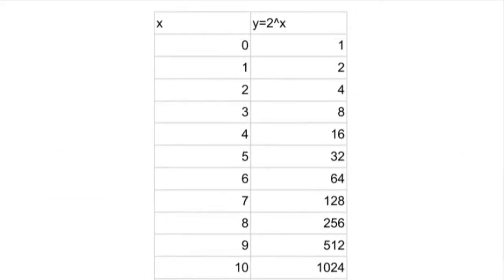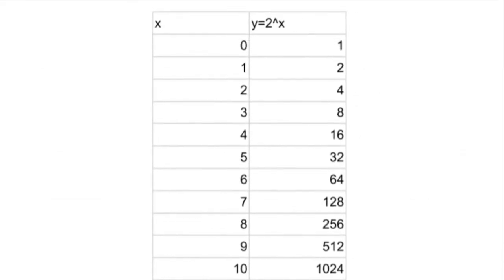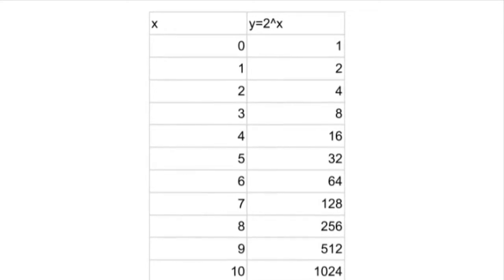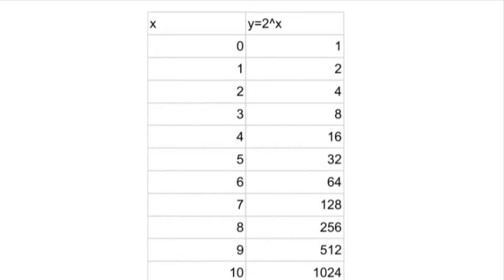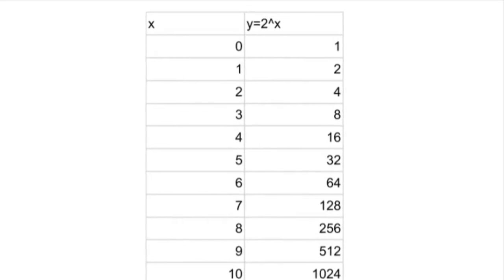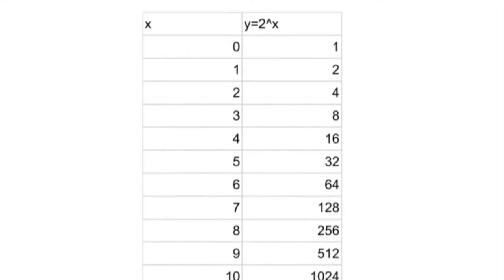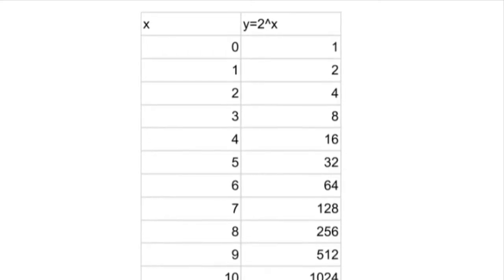So let's go back to my initial example about the petri dish and the bacteria that's growing in the petri dish. If at the beginning, on day 0, there was one bacteria and it kept doubling over and over, that means on the next day there would be 2, and then 4, and then 8, and then 16, and then 32, and so on and so on.